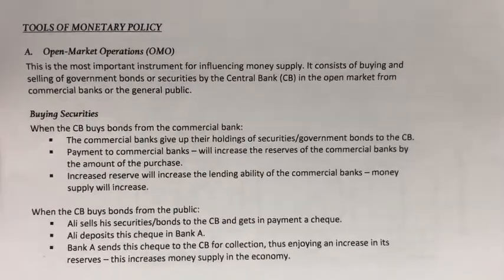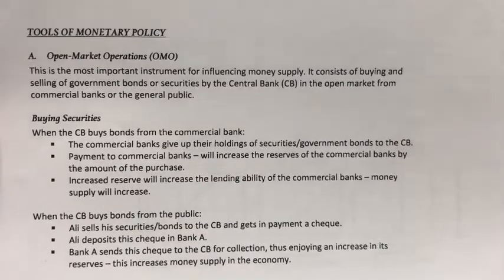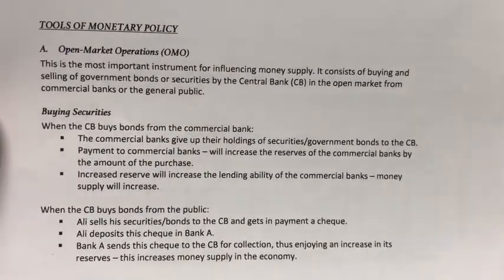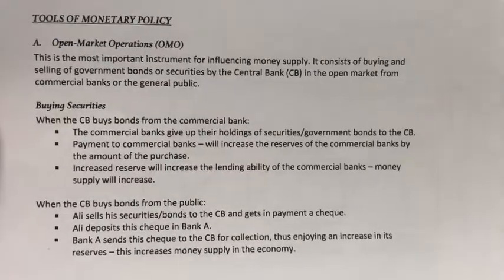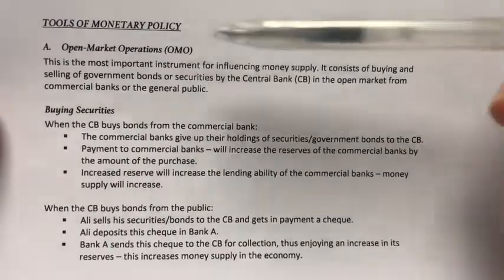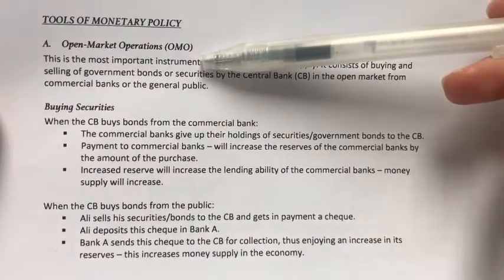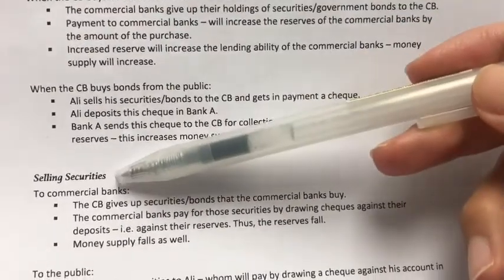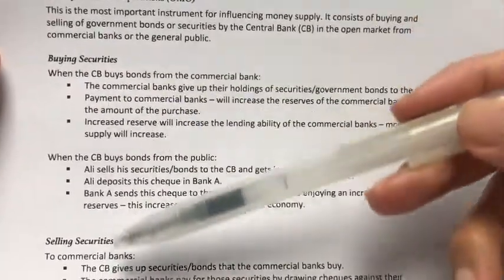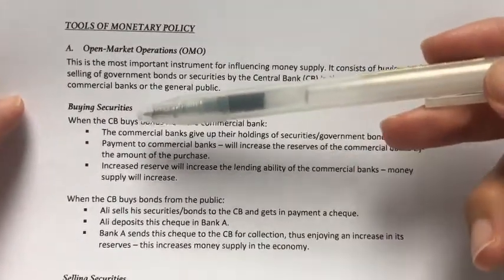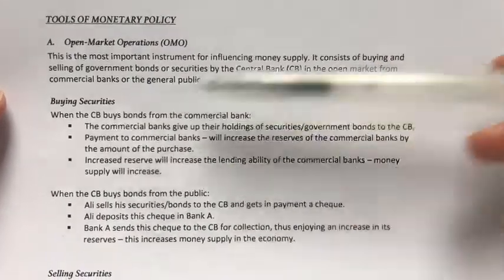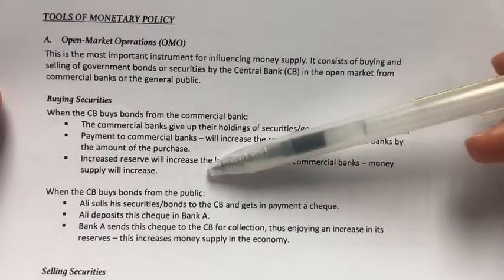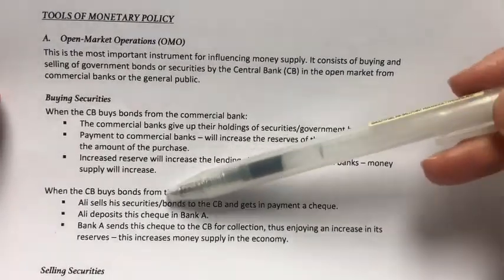Okay guys, here I'm sharing with you an excerpt of my lecture notes. In case whatever I explained just now wasn't that clear, you can pause this video and read the notes. This is the case of the OMO. As I mentioned before, OMO consists of two activities, the buying of securities and the selling of securities. Under each activity, the central bank can do it with two parties. Here is when the central bank wants to buy securities from the commercial banks, and here is when it wants to buy securities from the public.